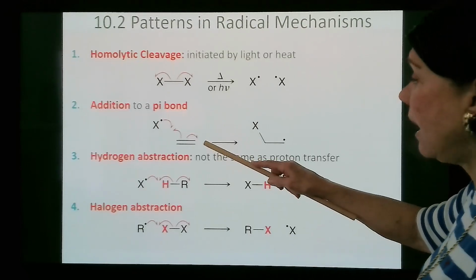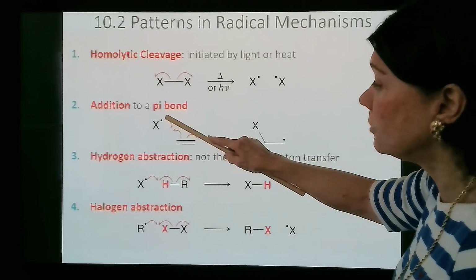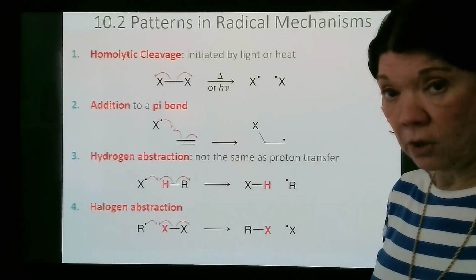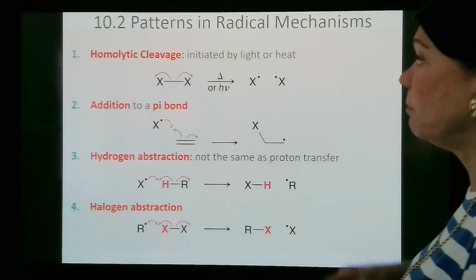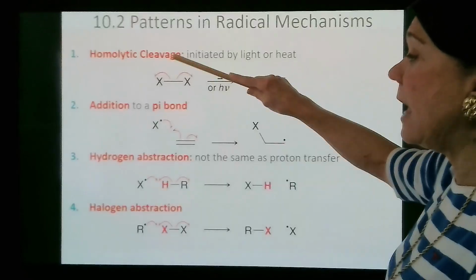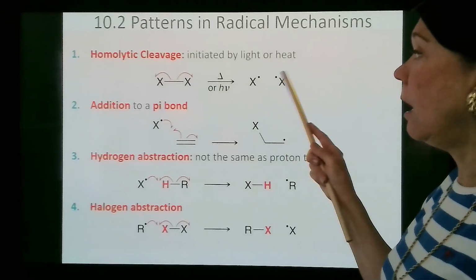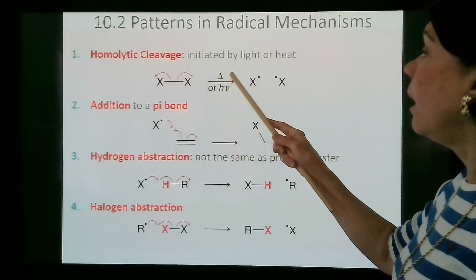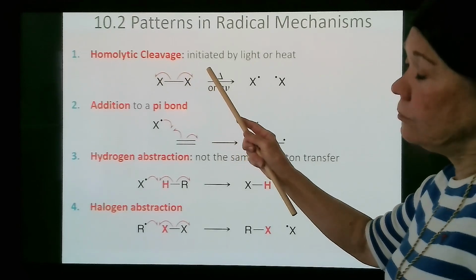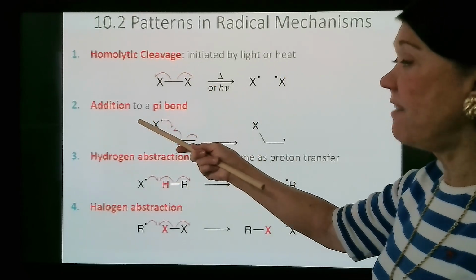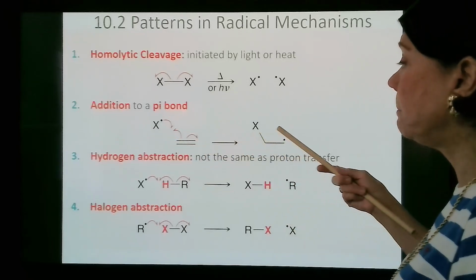On the previous slide, you can see you started with X dot and an alkene. So this is the way to remember these. You don't have to remember all 6. You can remember that step 1 and step 6 are opposites, in that step 6 is the reverse of step 1. Step 5 is the reverse of step 2.